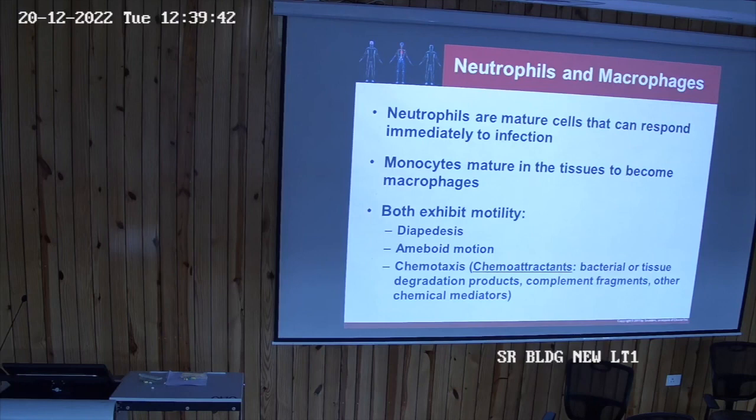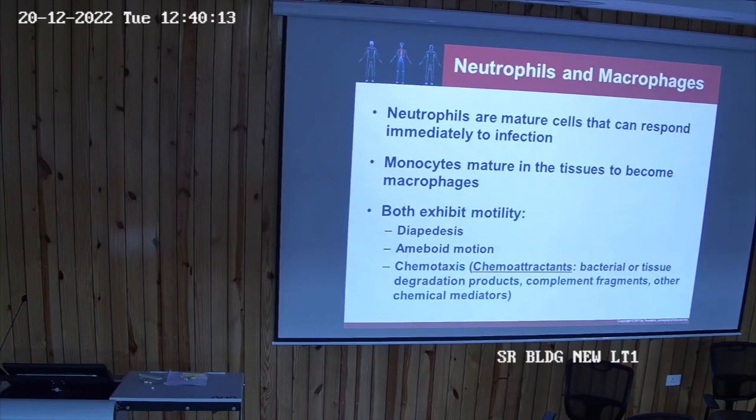Chemotaxis or chemoattractants: the bacterial or tissue degradation products, complement fragments and other chemical mediators. Whatever bacteria, virus or antigen has entered into the body will definitely secrete or release certain chemicals. When these chemicals get secreted from the antigen, they become the attracting force for neutrophils, monocytes, or WBCs in general.